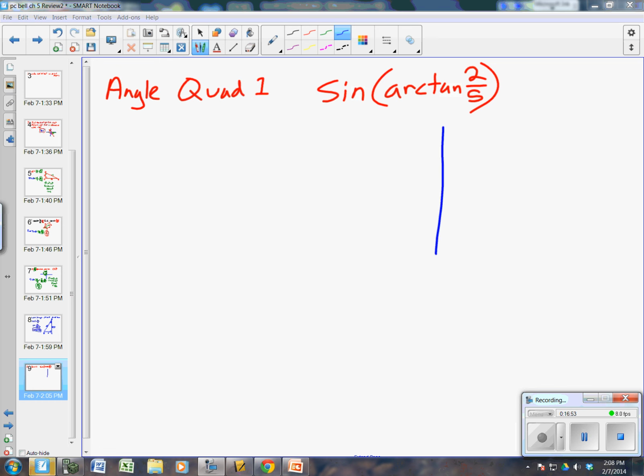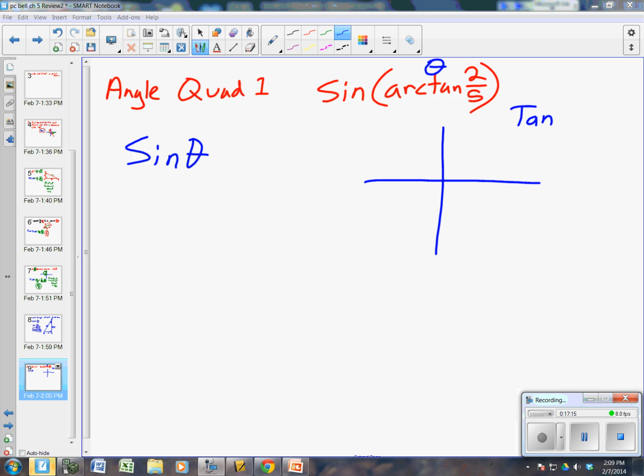Got some of you guys. Hey, remember, you guys, that a tangent inverse or an arctangent represents an angle. Any inverse represents an angle, right? The question you have to answer is, what is the sine of theta, right? Now, this is the hint.